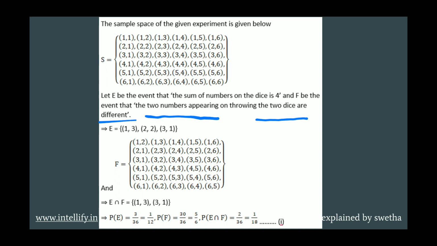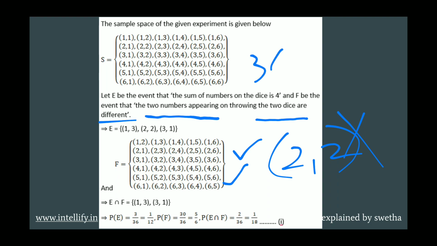They must be different irrespective of their sum, so we do not consider the same number events. So F has a total of 30 chances out of the 36, because we exclude 1 1, 2 2, 3 3 and so on up to 6 6.